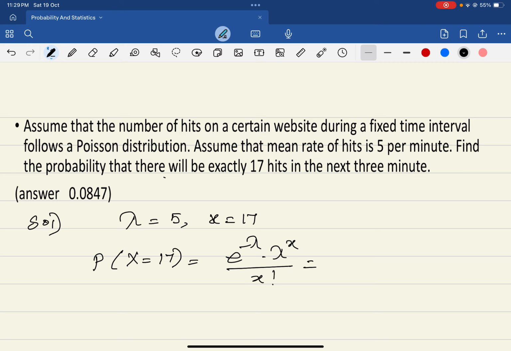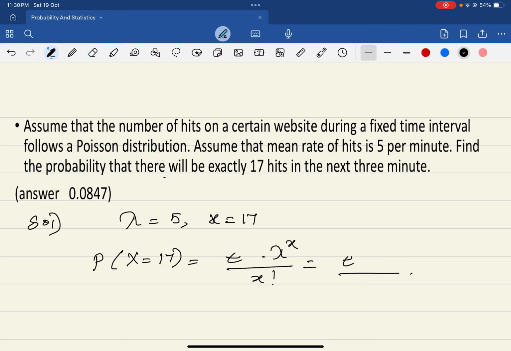That is given by e raised to minus 17, 17 to the power of 5 over 5 factorial. So what is this now? It is x is 17, right? Exactly 17 hits. I'm sorry, lambda is 5, right?